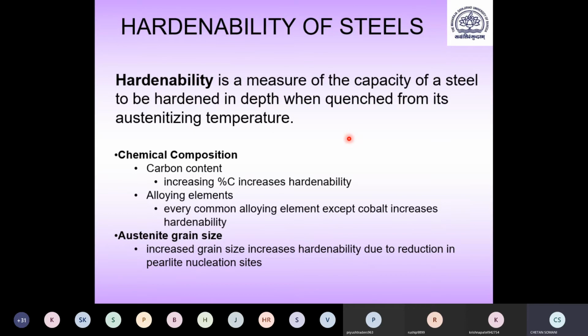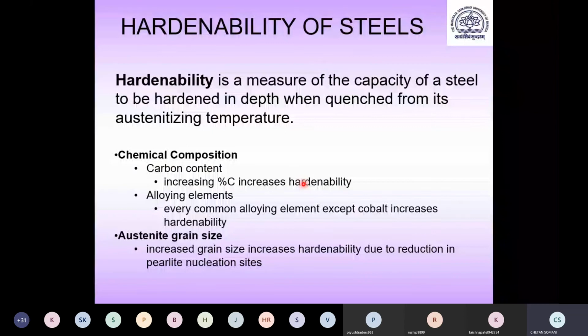So what are the factors that affect hardenability? Chemical composition. First is carbon content. Since we are talking of steels, it is only carbon content. Increasing the percentage of carbon increases hardenability. This is one characteristic.